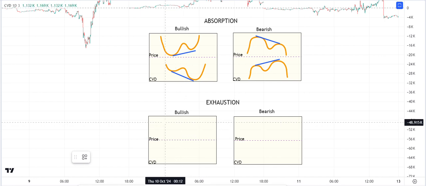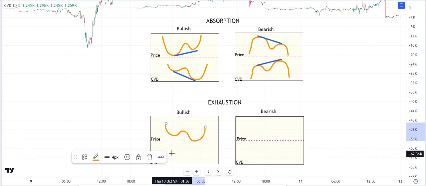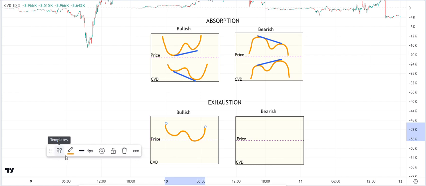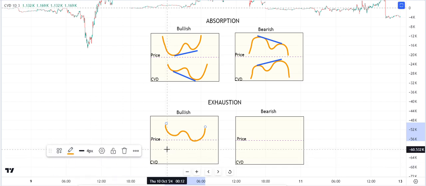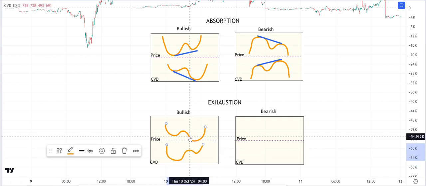A bullish example could be lower lows and then higher lows on the CVD. It's really bad. Let me move this up a bit.